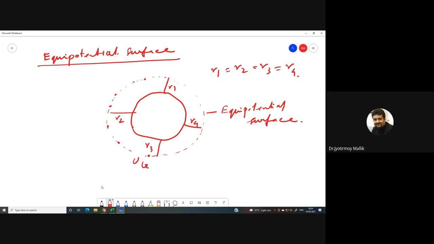Suppose the Earth is a sphere, or let's not think the Earth is a sphere, whatever the shape is, we will see how it is. Will the equipotential surface be equally distant from every point on the surface of the Earth?